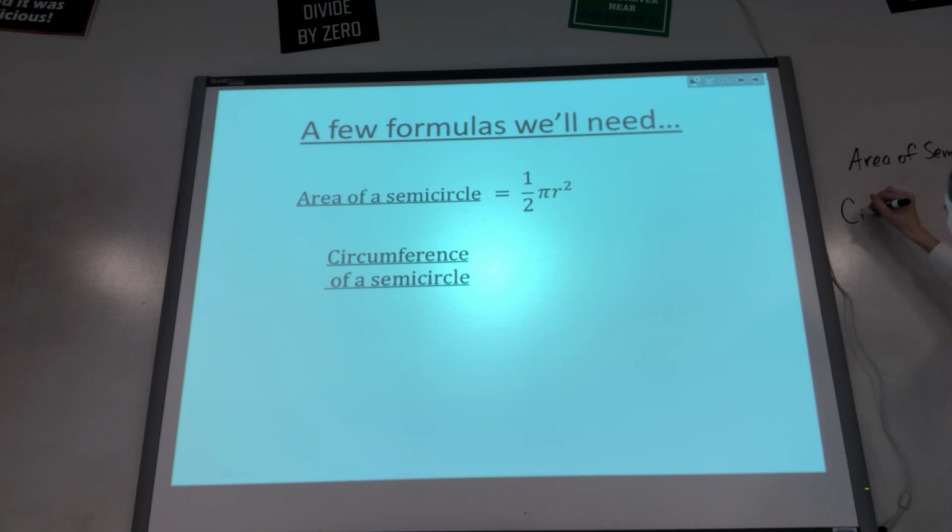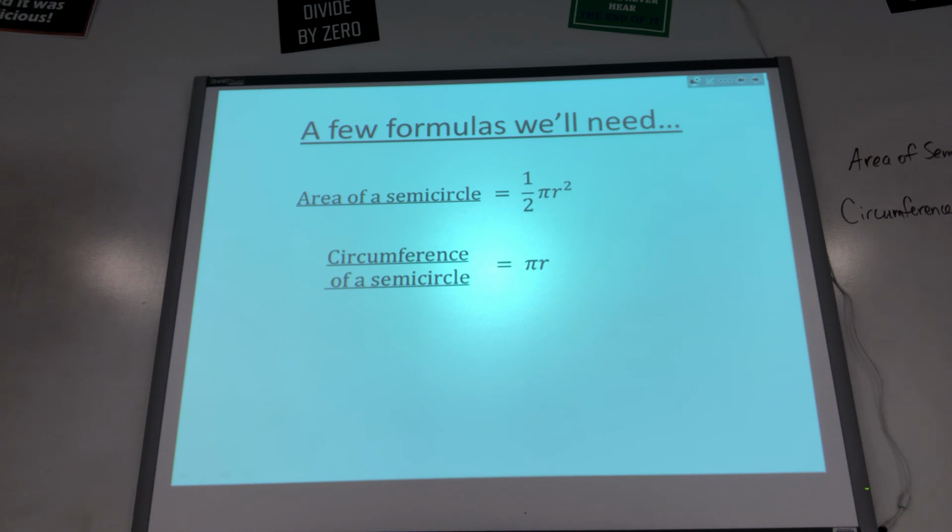Now, we're also going to need the circumference of a semicircle. Remember, area is the part on the inside. The circumference is the part on the outside, basically the distance around the semicircle.